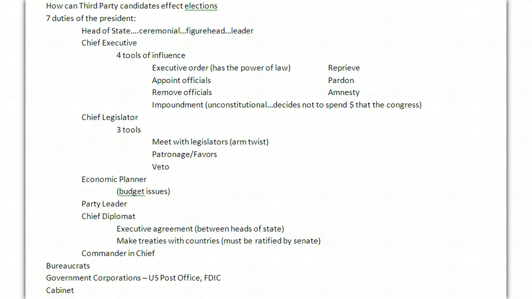He also can give patronage and favors like jobs and support, but that's not always something that he can do, and is fairly limited. He also has a veto power, and that's the most direct power that the president has as the chief legislator. He can veto bills. The Congress has the right to try to override those vetoes, but it's still a pretty powerful tool that the president has.